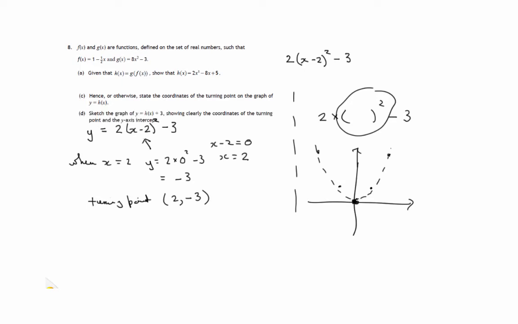Now the last part of the question says sketch the graph of this y equals 2 lots of x minus 2 all squared minus 3 plus 3, showing clearly the coordinates of the turning point and the y-axis intercept. So let's do that.